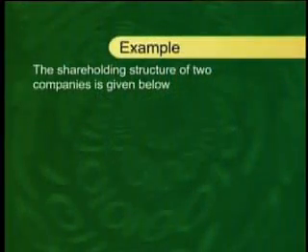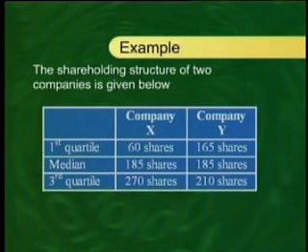Let us now apply this concept of quartile deviation to an example. Suppose that the shareholding structure of 2 companies is as given in the table that you see on the screen. For company X, the first quartile is 60 shares, the median is 185 shares, and the third quartile is 270 shares.